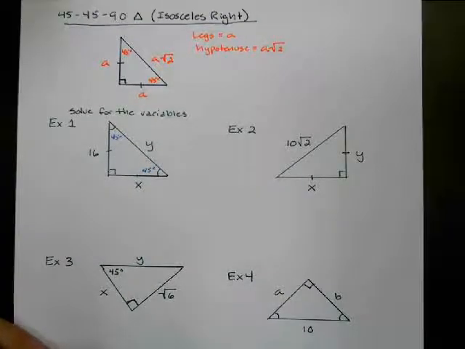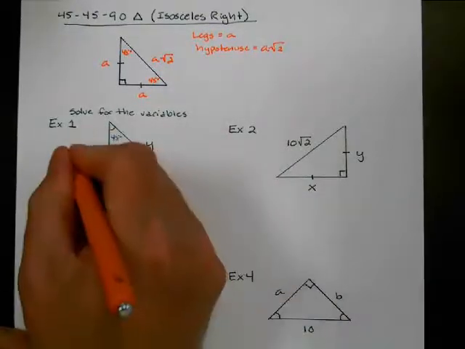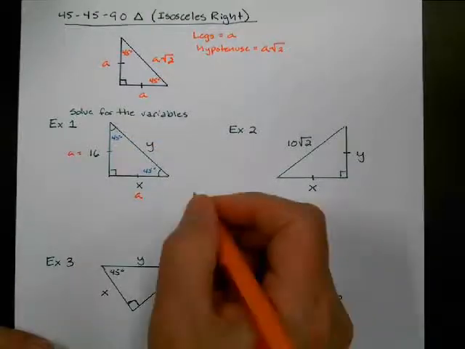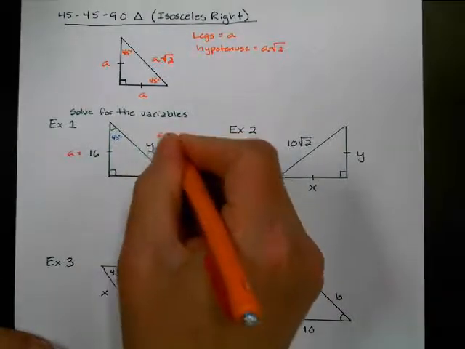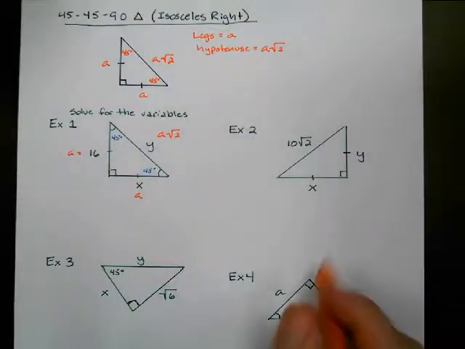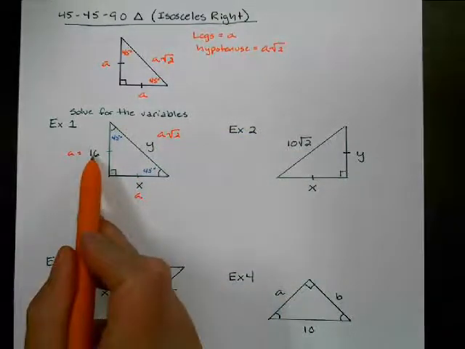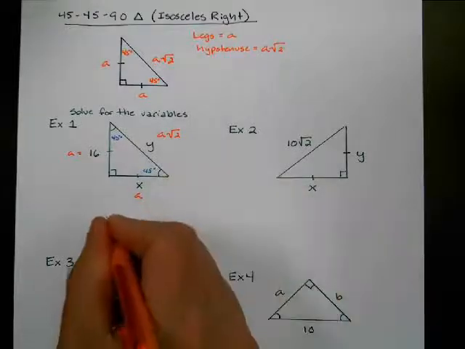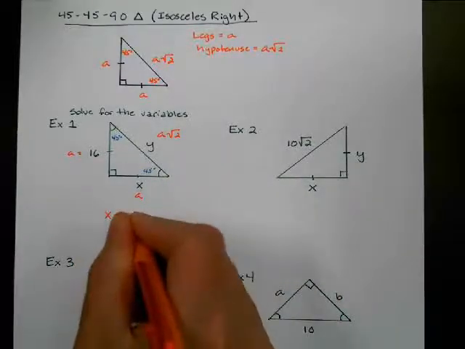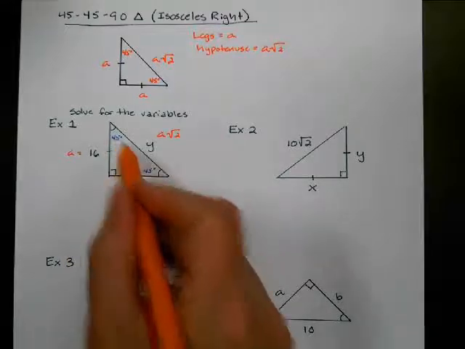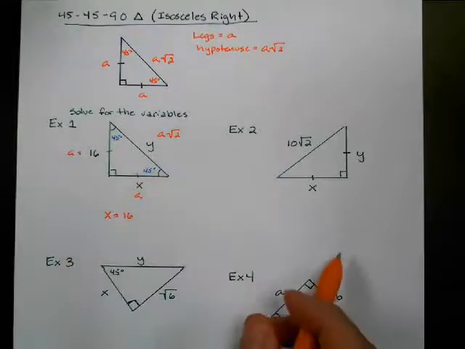Since it's an isosceles right triangle, we'll call this side A. We'll call this side A, and this side is A times root 2. So if A is 16, then X is also 16, because these two legs are the same in a 45, 45, 90 triangle.